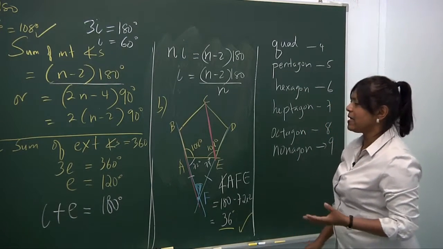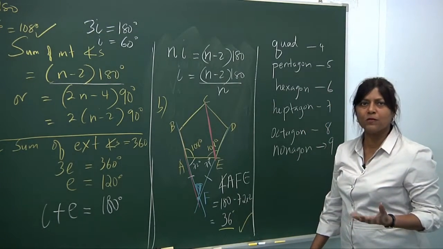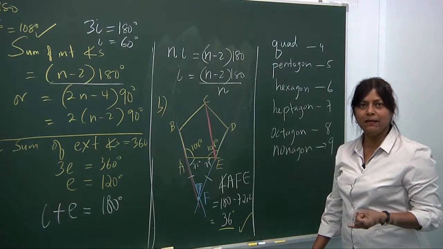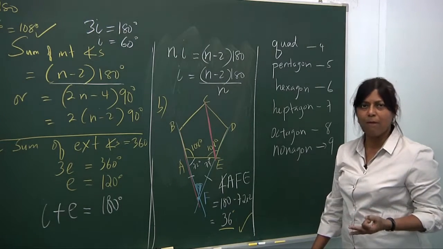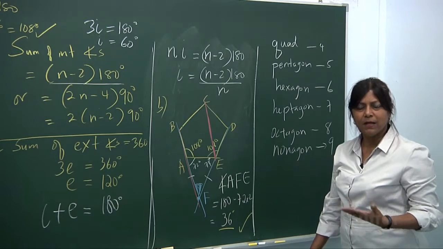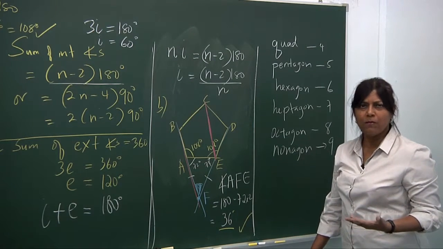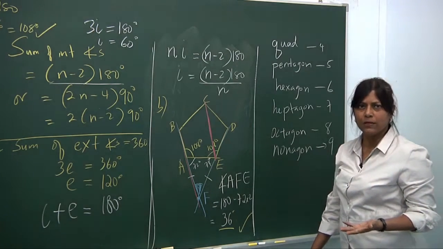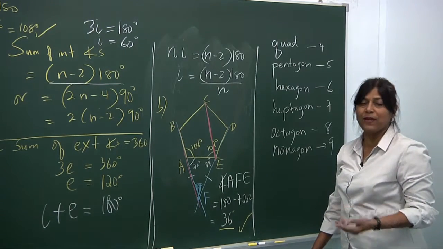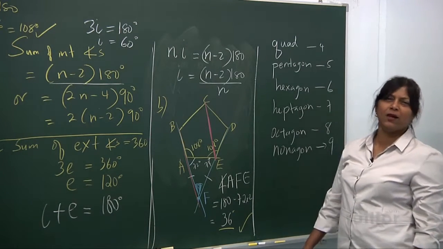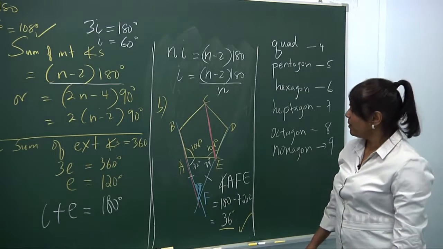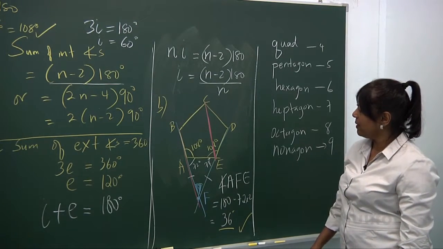When I say a quadrilateral, what sort of shapes can we have? We can have a rectangle, a square, a rhombus, a trapezium, a parallelogram, or it can be just an irregular quadrilateral, where all four sides are different in length, they're not parallel, they're not equal in length, whatever.